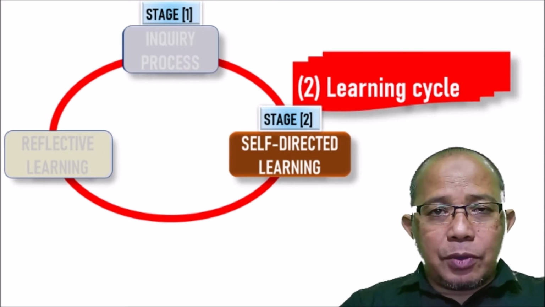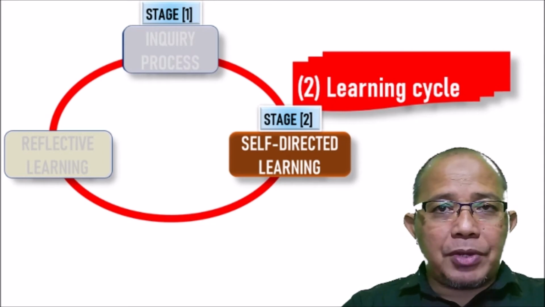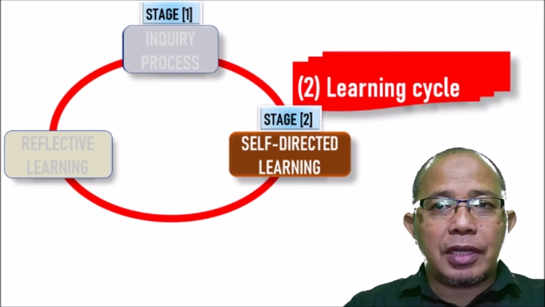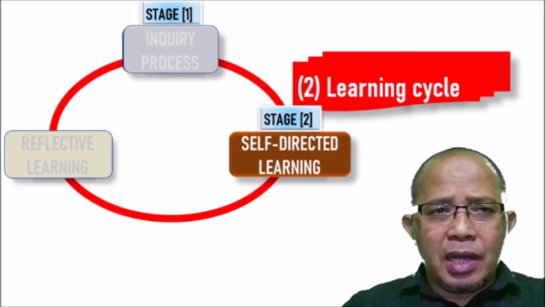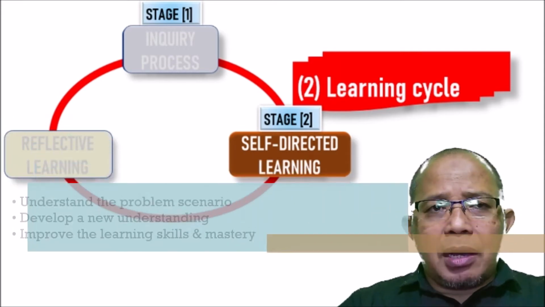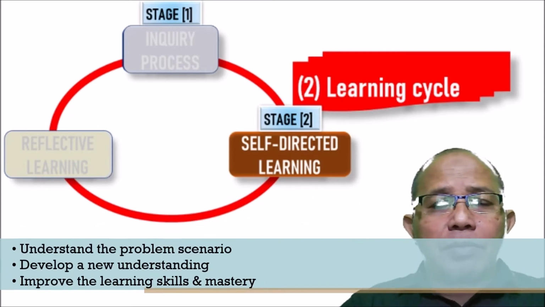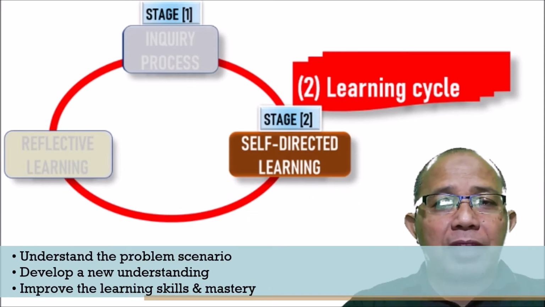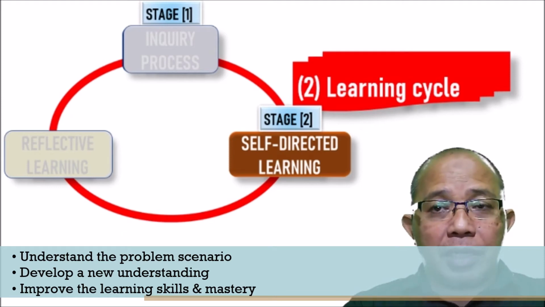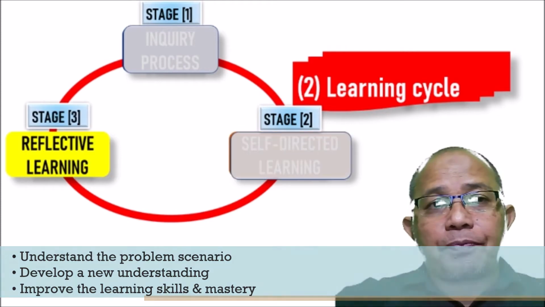At this stage, students will explore knowledge and information from various sources individually as well as in a group. Learning activities at this stage are intended to understand more about the problem scenario from various perspectives, to develop a new understanding of the content and context of learning, and to improve the learning skills and mastery of essential skills.